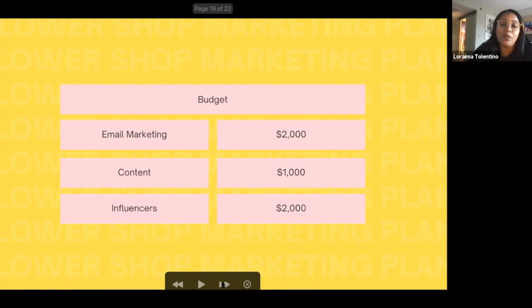They probably won't even use that whole budget, just to buy props and to be able to create the pictures that they need for the user-generated content. And then for the influencers, we put $2,000 with the mission of dividing that and putting $1,000 on each, plus giving them the product, which is the flowers. And with that, we finish the $5,000 budget.